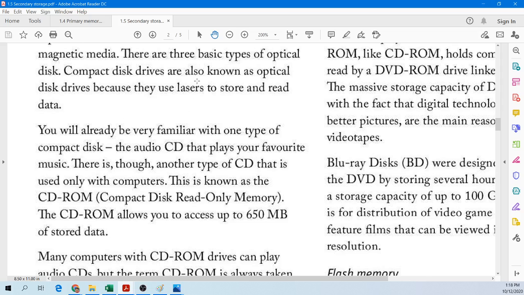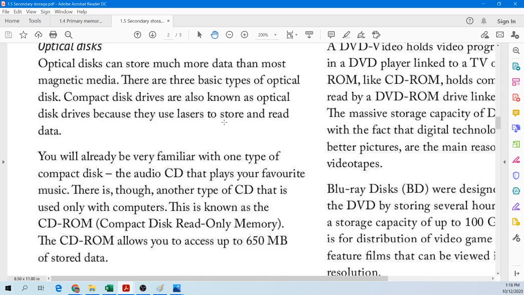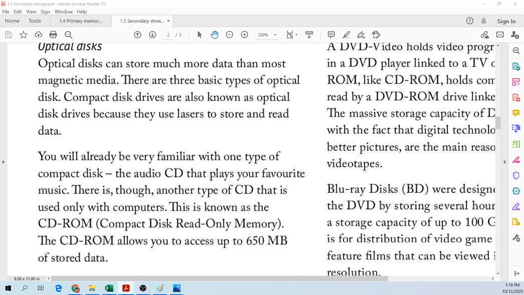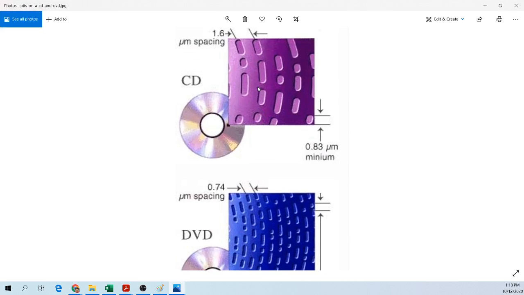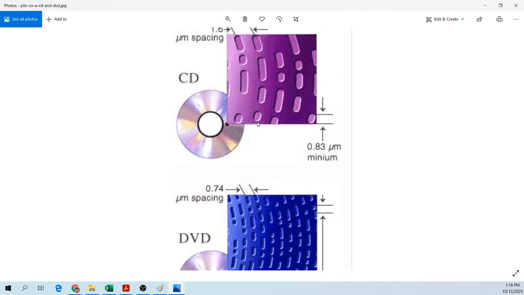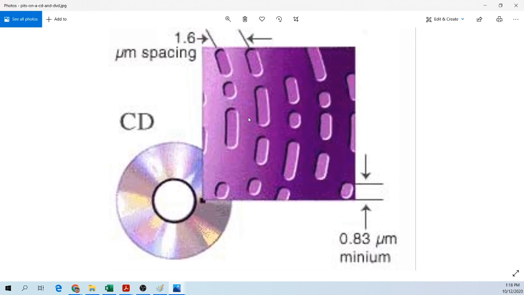Right. So note that they're saying here that an optical disc uses lasers to store and read data. But how does that laser store and read data? Well, if you look at this image here, we have an image of a CD.